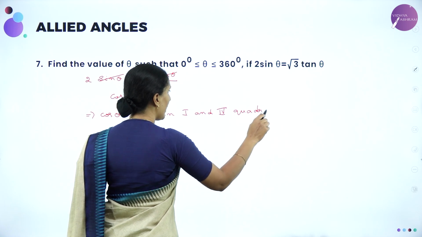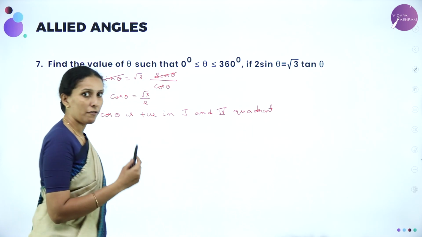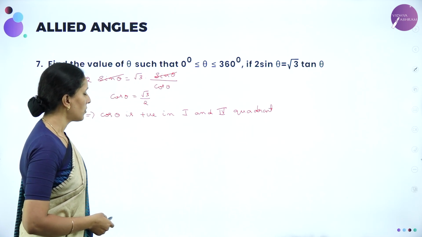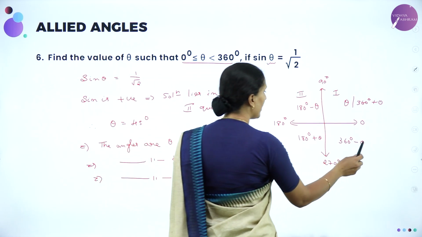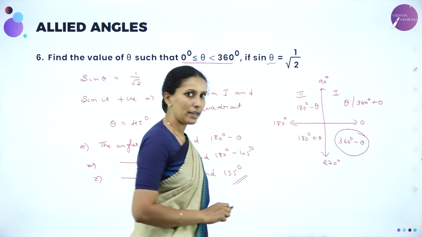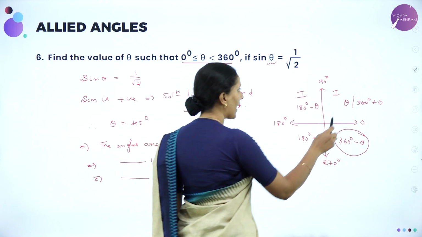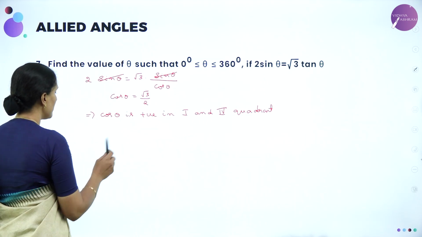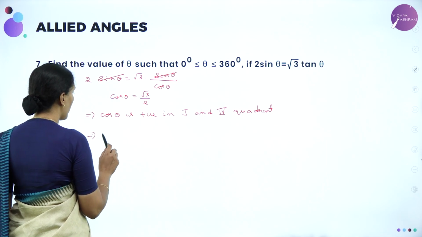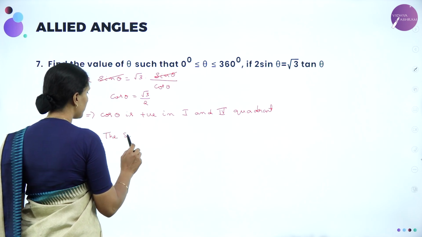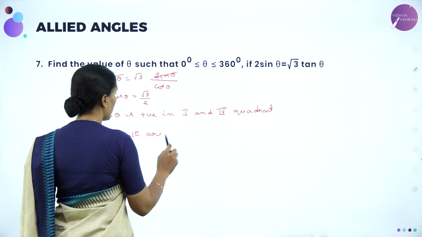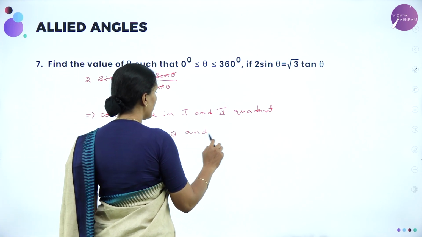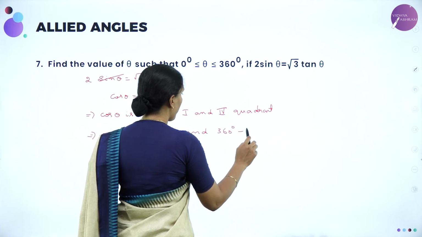Remember your ASTC rule: cos is positive in the first and fourth quadrant. So how is a fourth quadrant angle taken? 360 minus theta. And how is an angle in the first quadrant taken? Theta. So the solutions are theta and 360 minus theta.